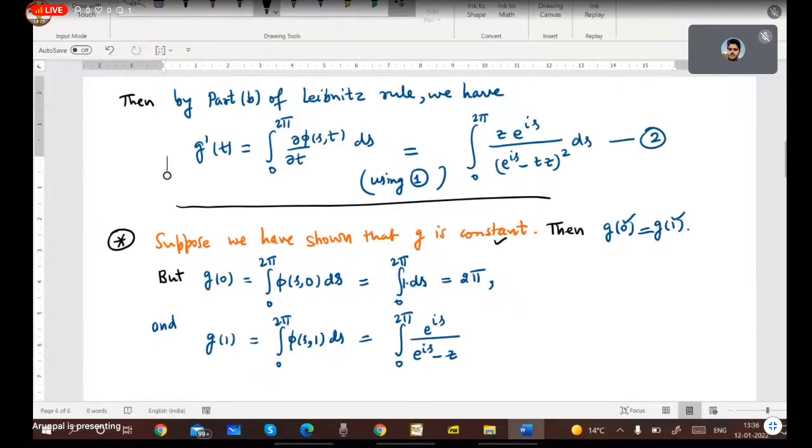Yes. And now using this fact, both of these values are the same, and hence done. Is this okay, class? So this is going to be my approach to calculate this value.